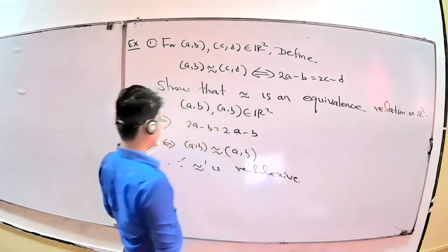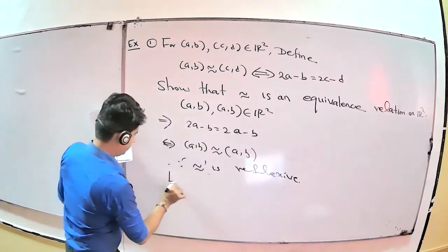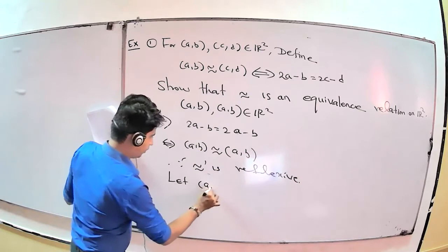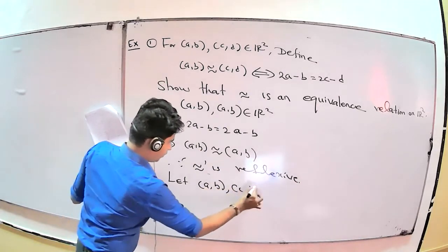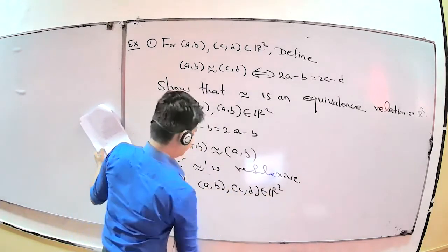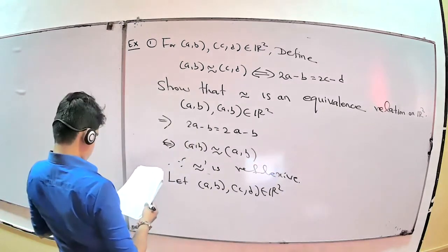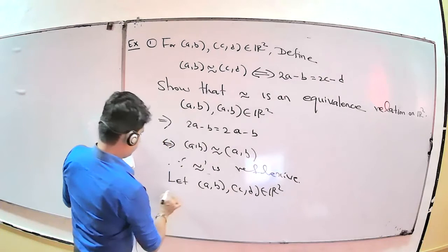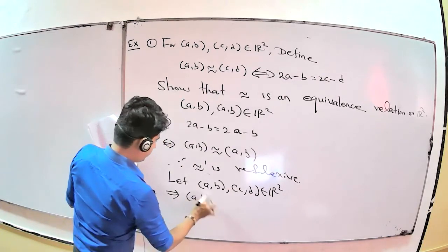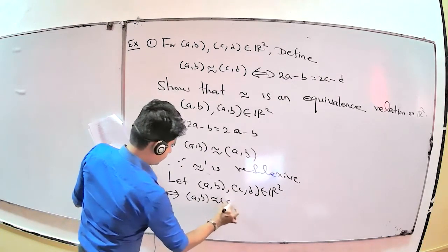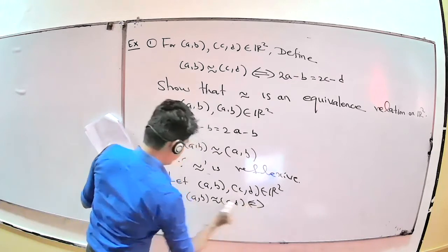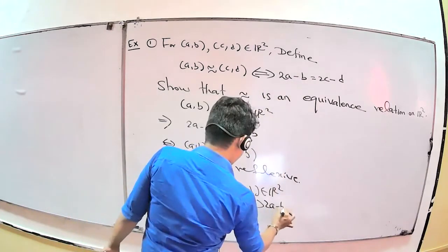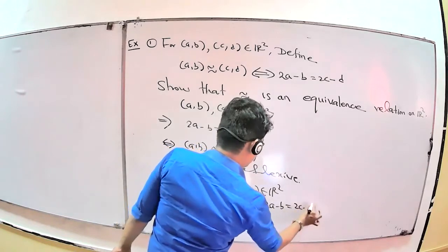For symmetric, let you take (a, b), (c, d) belong to R squared. Then you want to show that (c, d) is related to (a, b). Now you have (a, b) is related to (c, d) if and only if you have this condition 2a minus b equals 2c minus d.